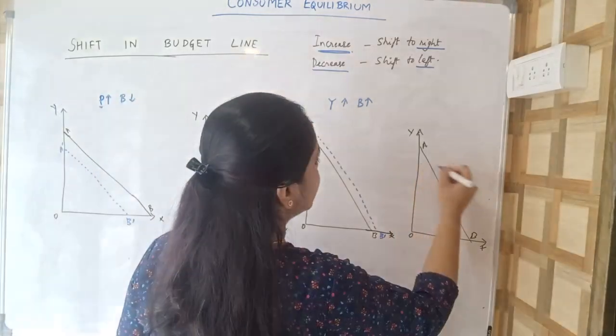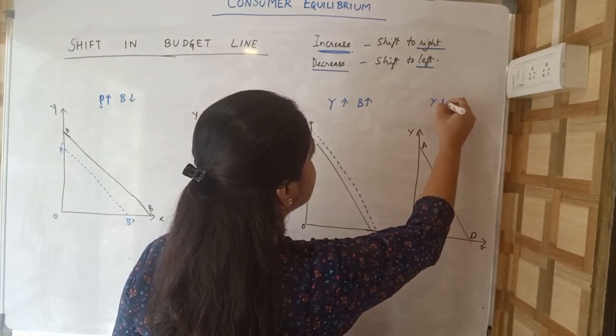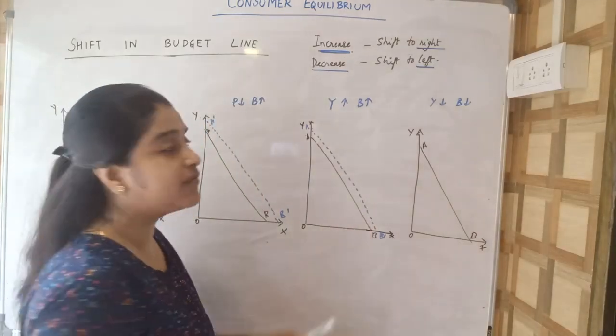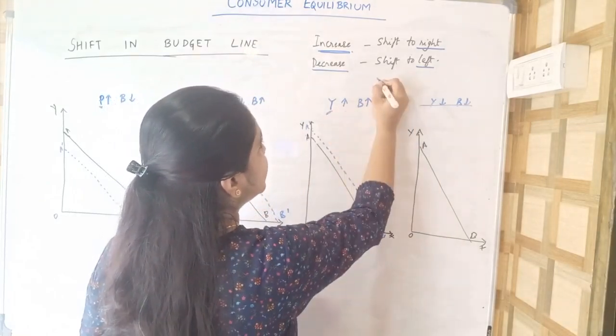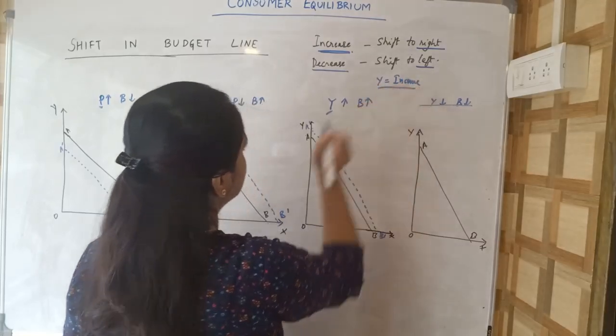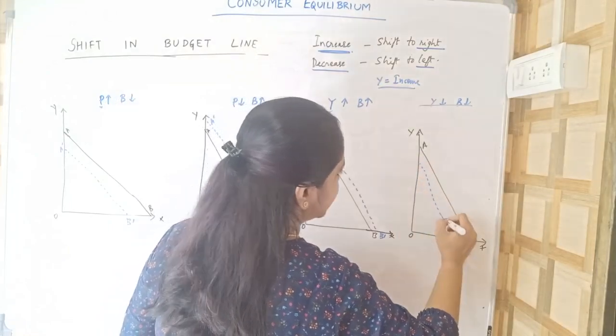Okay, next is decrease in income. So budget obviously will decrease. If there is a decrease in income of the consumer, budget will also decrease. Okay, so Y is nothing but income. Y is equal to income. Please remember, Y is equal to income. So this will come to the left hand side yet again.